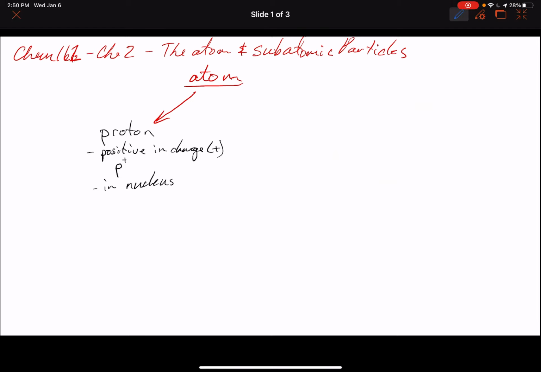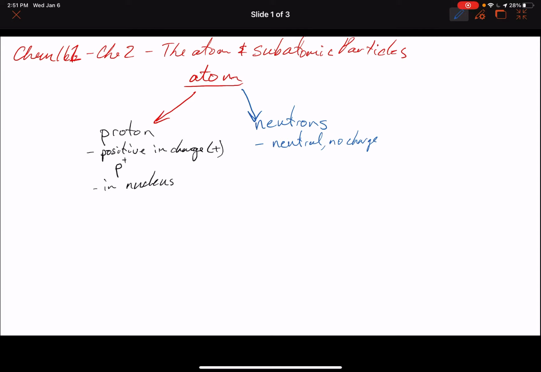Perhaps you also know that we have neutrons as well. These structures are subatomic particles, and they are known to be neutral. That is, they have no charge, so no symbol for charge is necessary there.